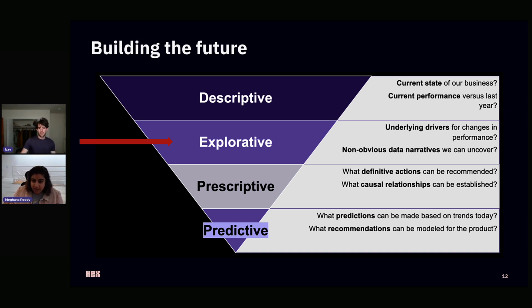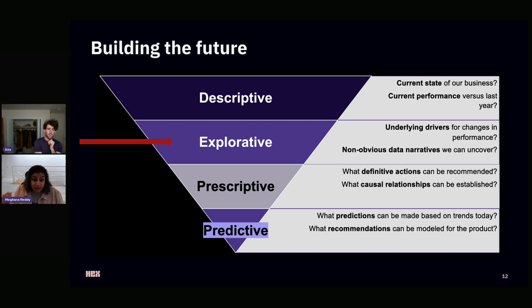Ultimately, what would be amazing and great for everybody at the company is if we can move past this idea of explorative and get into some of these really hard and nuanced questions about, okay, you built me a dashboard, I'm able to explore, I can see what's going on, but what do I do about it? That's always been one of the hardest questions to answer, especially in an automated way or purely through tooling.